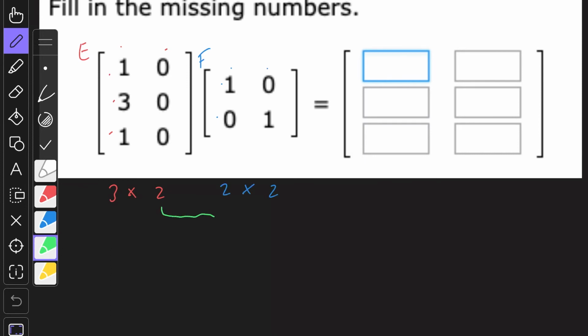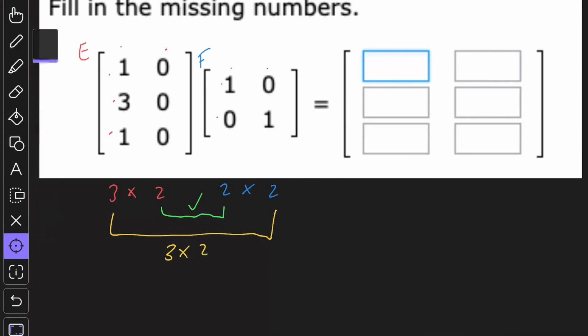Look at those inside numbers. They're both 2, so check, this is doable. Look at those outside numbers, and our answer will be a 3 by 2, which we can see from what they've given us, that we have 3 rows and 2 columns.